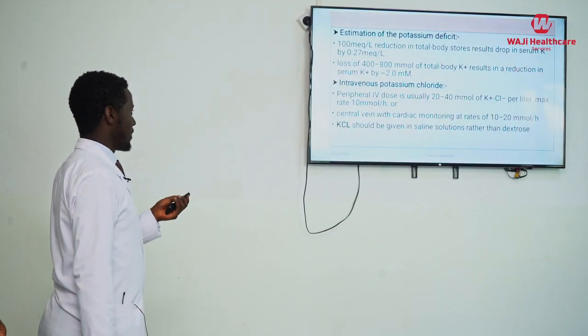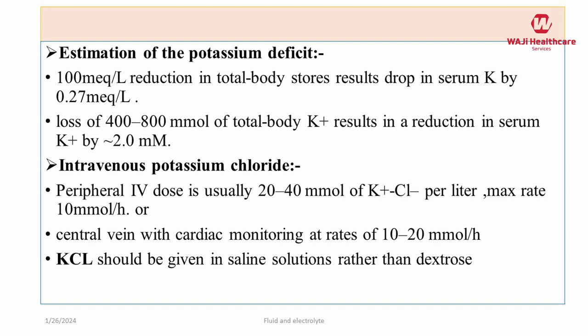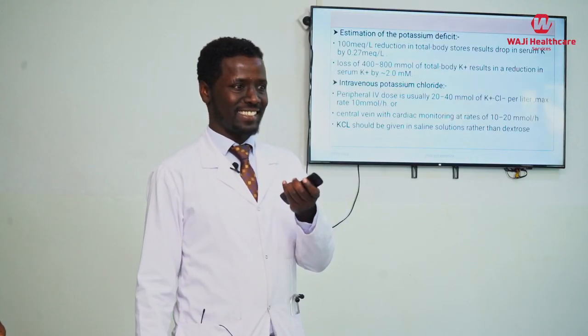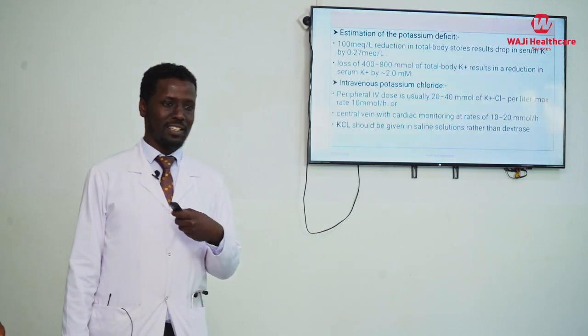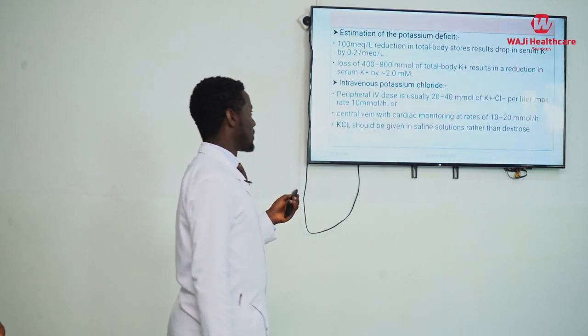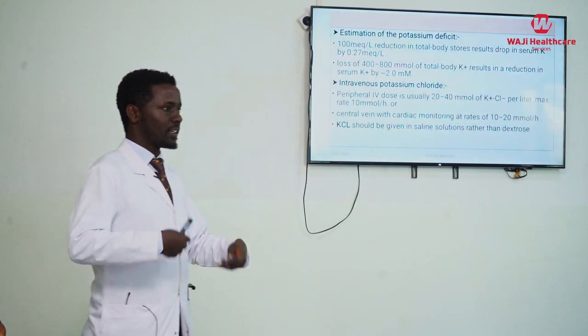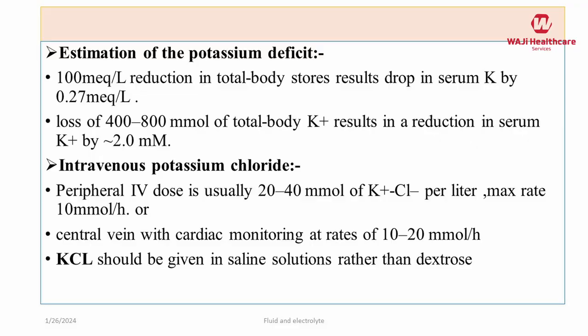If you give IV push potassium, what do you think will happen? If the nurses give patients an IV push, it is straight death. After 2 minutes you will find the patient at the morgue.